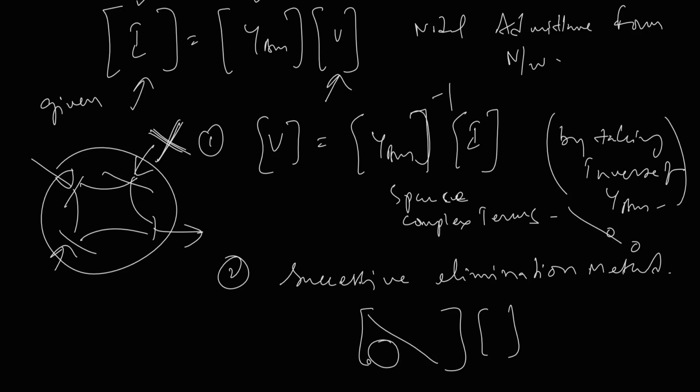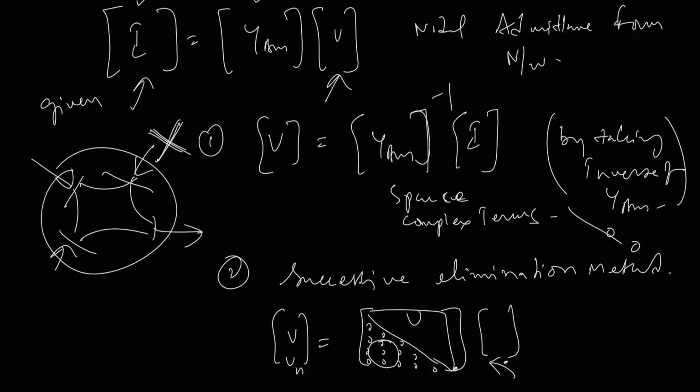You have to make all the entries here 0 one by one by using the successive elimination method. Once you have the upper triangular matrix, by successive substitution you can find out the solution for V. So Vn is equal to this element into this current.